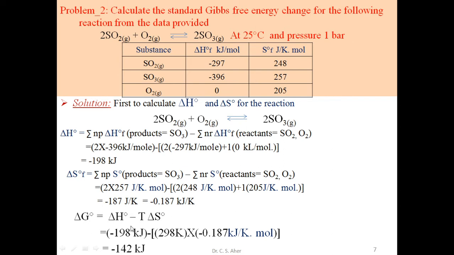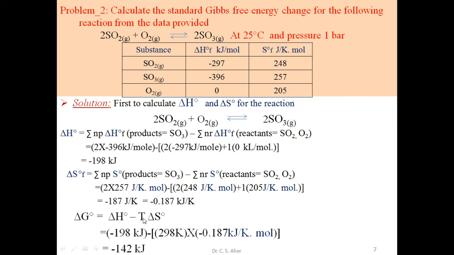Our formula is this: we calculate the Gibbs free energy change for the following reaction. For that calculation, what do we need? We need the standard enthalpy change of reaction and the standard entropy change of reaction.